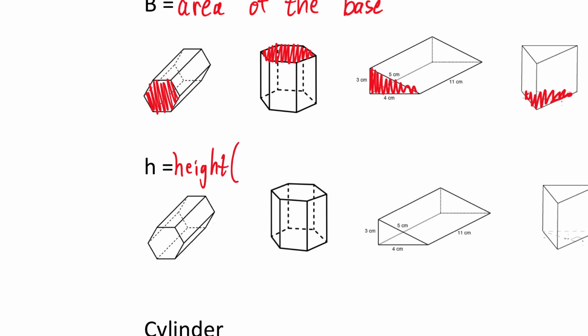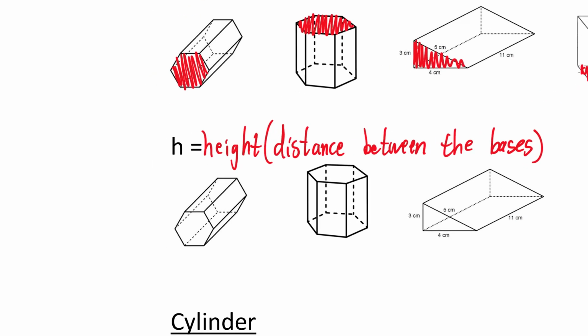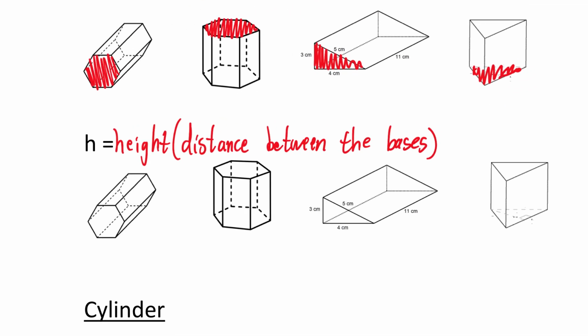It stands for the height, which more specifically is the distance between the bases. So from here to here would be the height on this one, and likewise on each of the others.